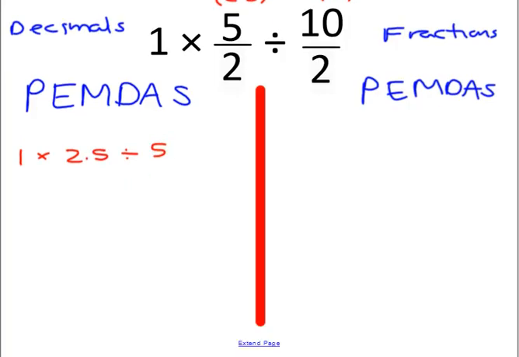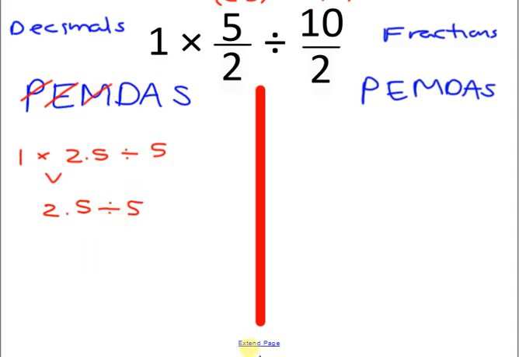Just like that. Okay, so I'm going to go ahead and solve here. So no parentheses, no exponents. I have multiplication division, so I'm going to start right here. 1 times 2.5, well, anything times 1 is itself. So 2.5 divided by 5, and all I have left is the division.